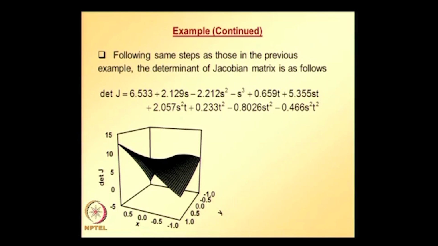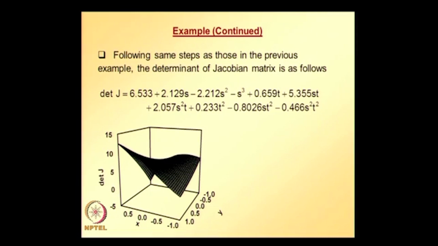You can see from this plot that the determinant of J is changing sign from positive to negative. So, at some location over the domain of the element, the determinant of J is going to be 0.